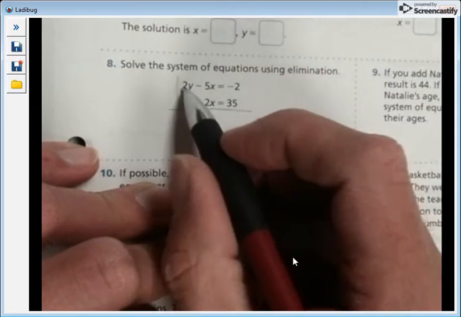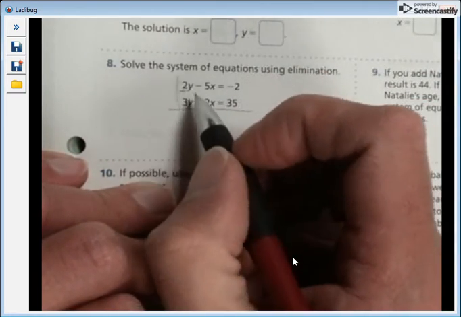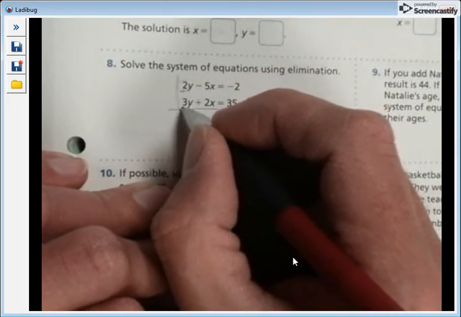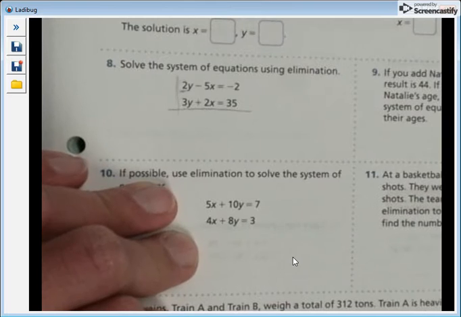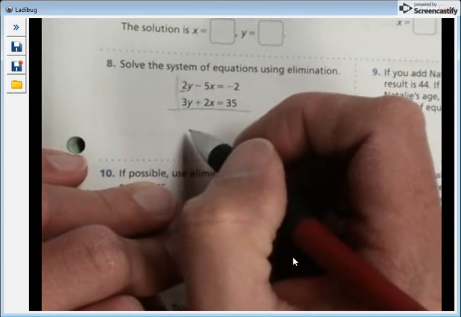So for me, I'm looking at the 2 and the 3, right? What do I multiply the 2 by, and what do I multiply the 3 by, so that I can have the same number? Maybe it's opposite numbers, right?